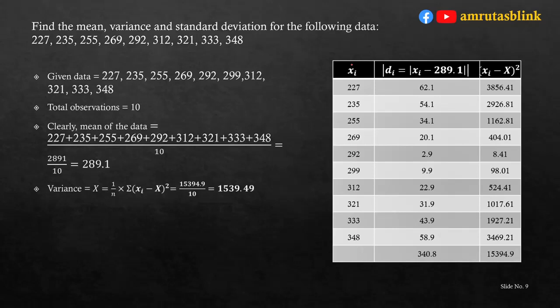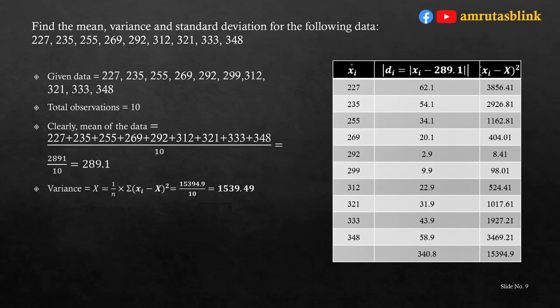Then 312 minus 289.1 is equal to 22.9. Then 321 minus 289.1 is equal to 31.9. Then 333 minus 289.1 is equal to 43.9. And 348 minus 289.1 is equal to 58.1.